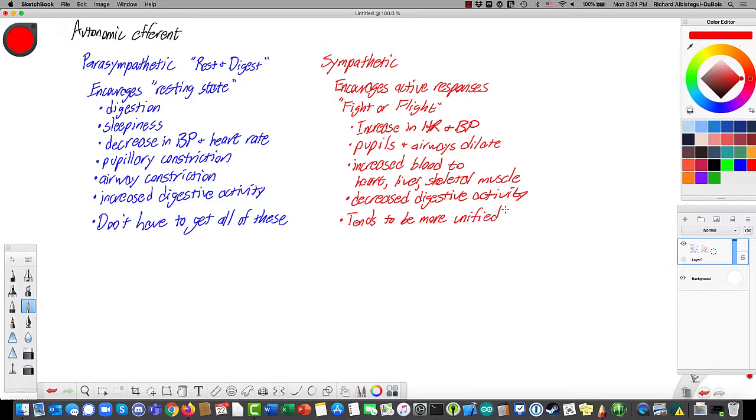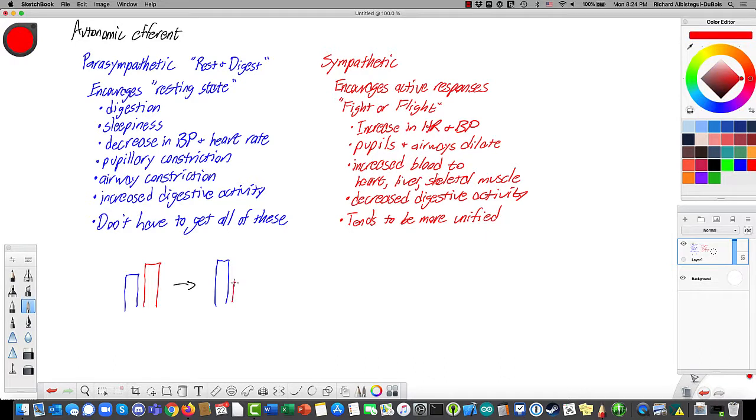Now, that said, people tend to overestimate how much our body does one of these or the other. The normal state in your body is for there to be some level of activity in both of these systems. So typical is you'll get some level of activity in sympathetic and parasympathetic that shifts back and forth depending on what you need at any given moment.